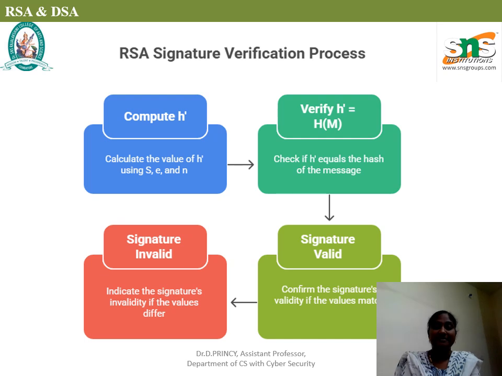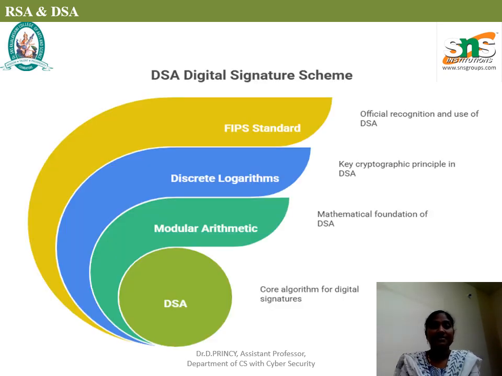The next digital signature scheme is DSA, the Digital Signature Algorithm. It is the core algorithm for the digital signature. Why it is core means this is the standardized algorithm for governments and transaction processes.